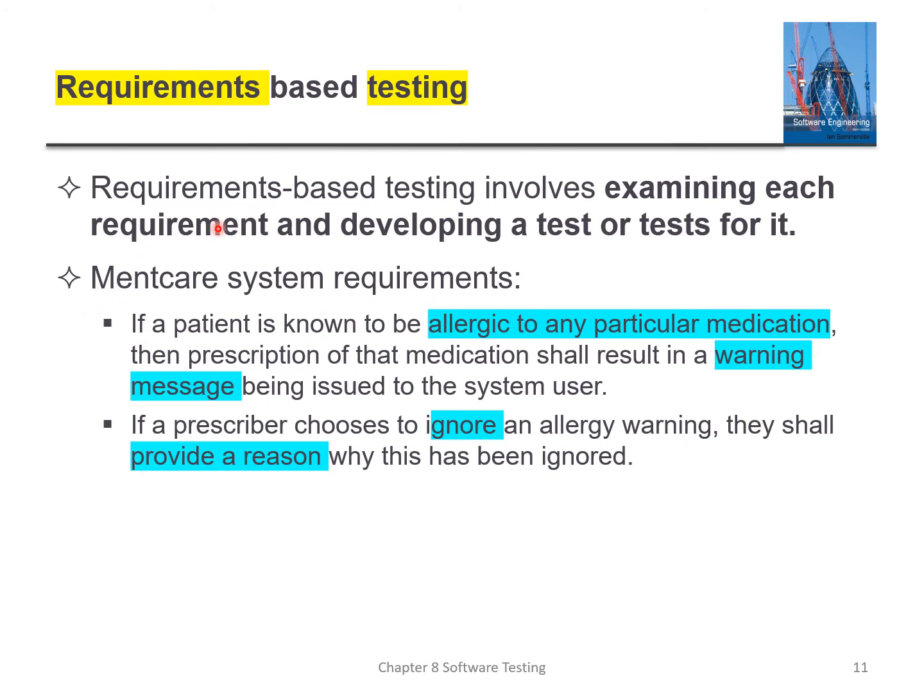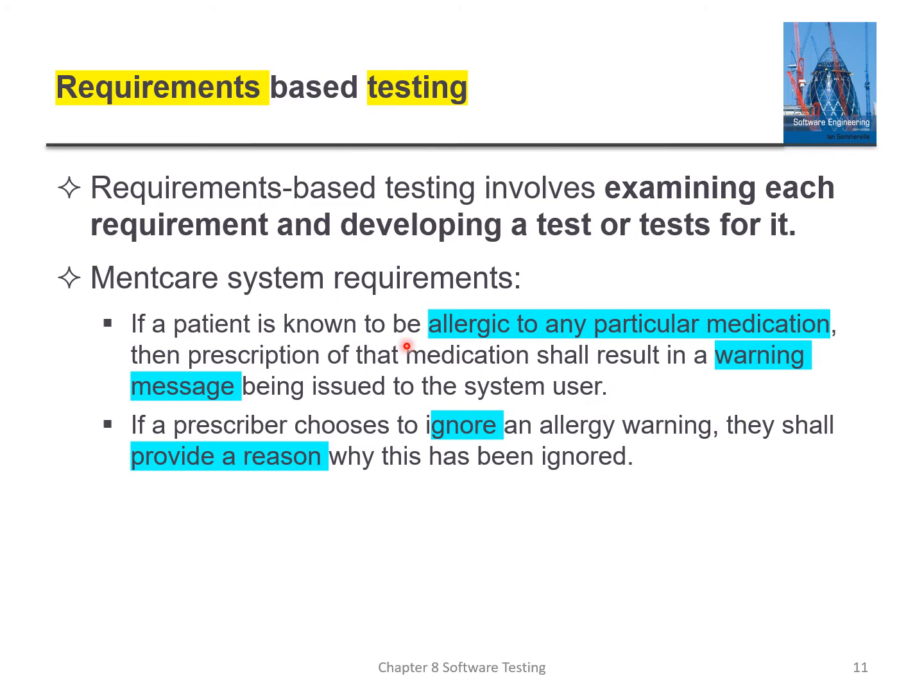Referring to our mental care system again, there are actually many requirements, but this slide shows only one or two. Let me read it through. If a patient is known to have an allergy to a particular medicine, then the prescription of that medicine through the system shall show a warning message to the system user.